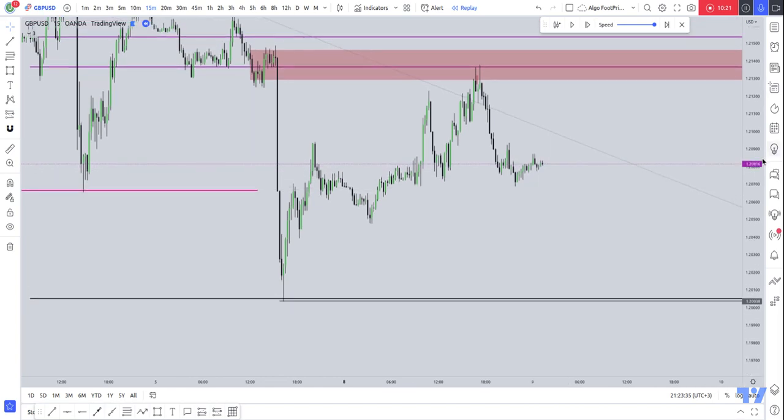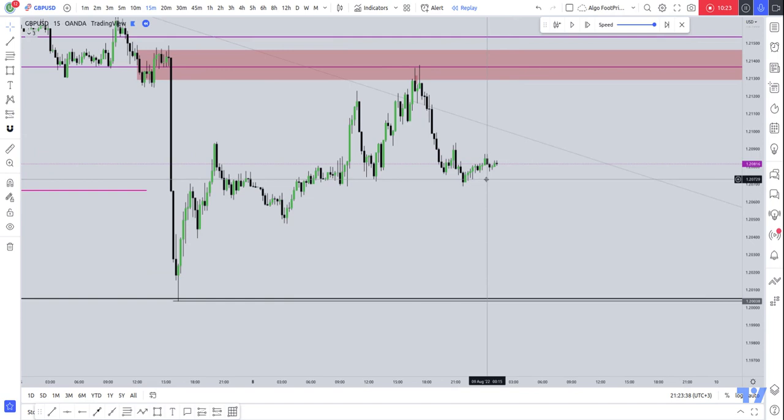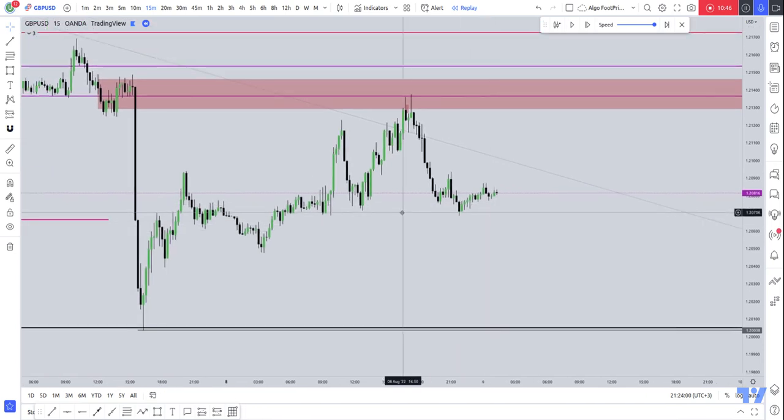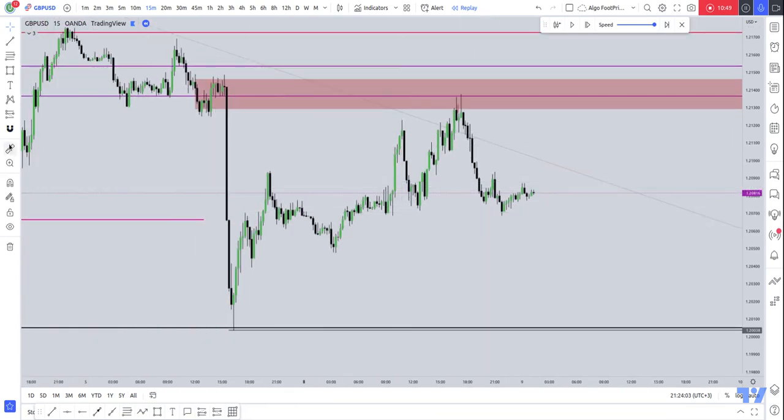Now by this time I was already out, because if you check the time down here, this was midnight, and midnight means the London session has closed, the New York session has closed according to my time, finish time. So I have no idea where you are, but at this time I'm no longer interested in holding my positions, because I'm not a swing trader, I'm a day trader. So if I were to calculate where my entry was done from here to here, that was an easy 60 pips.